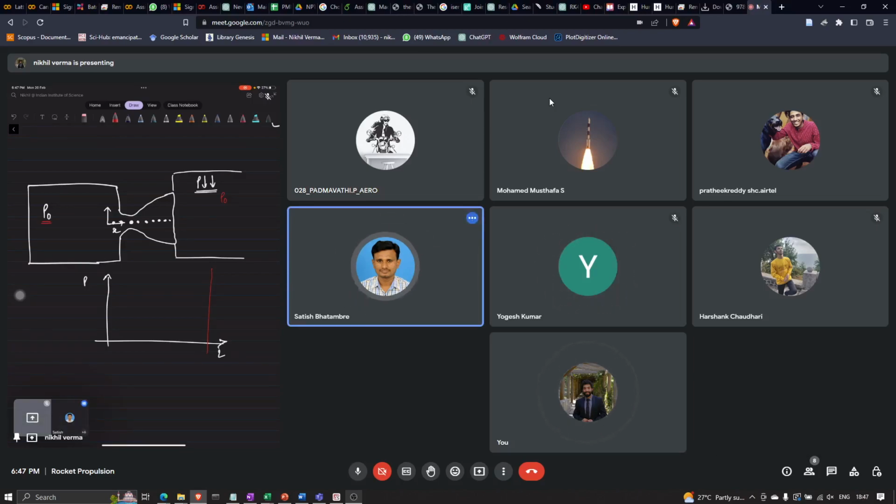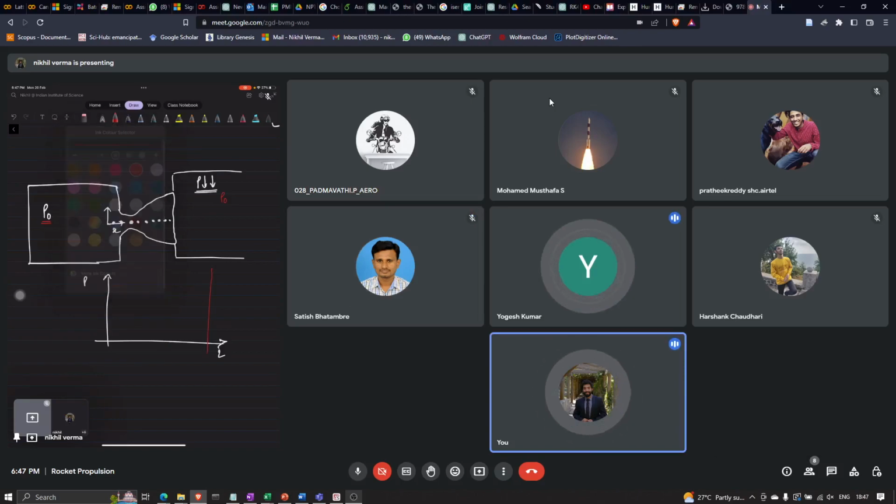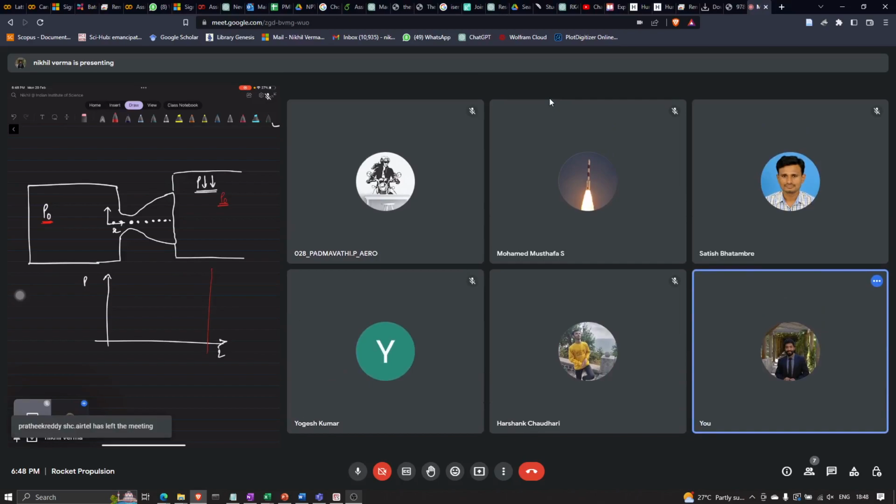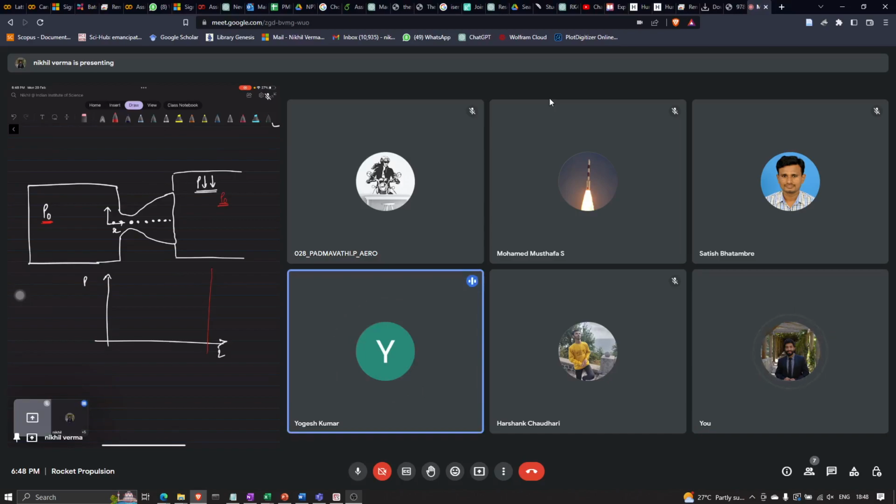So the pressure at the exit and the inlet are the same, right? Do you feel that the flow will take place if the pressure difference is not there?